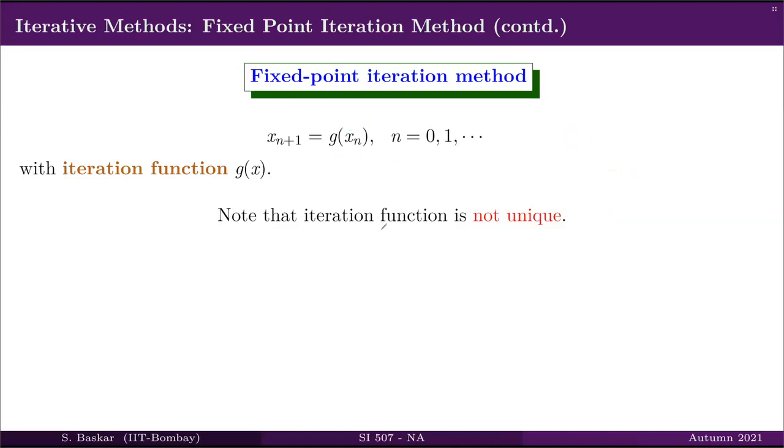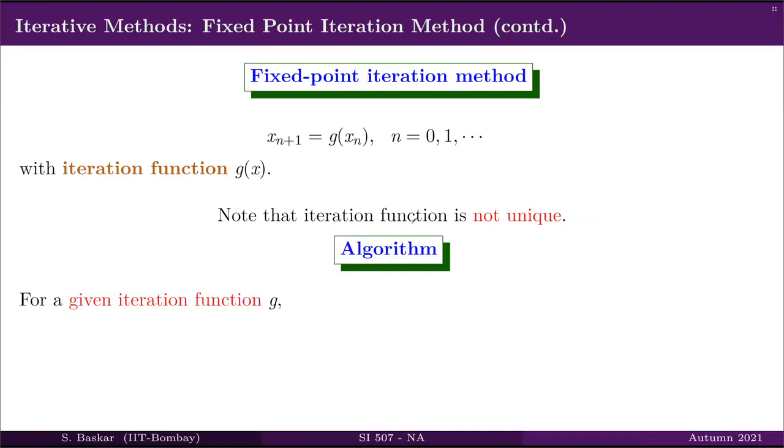Note that the iterative function is not unique for a given equation f of x equal to 0. We have seen this in the previous example, where we generated at least 3 iterative functions for the given equation, right? Let us formally write the algorithm.